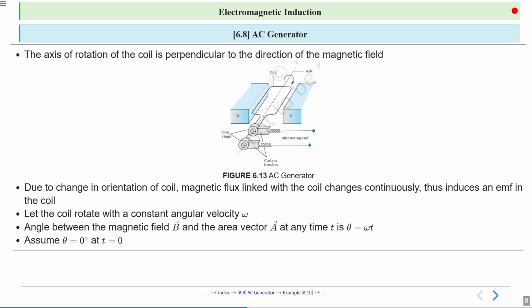The area vector is always perpendicular to the coil. So if the coil is perpendicular to the magnetic field lines, then the area vector will be along the magnetic field. So initially we assume that theta is equal to 0 degrees, and that means the plane of the coil is initially perpendicular to the magnetic field.